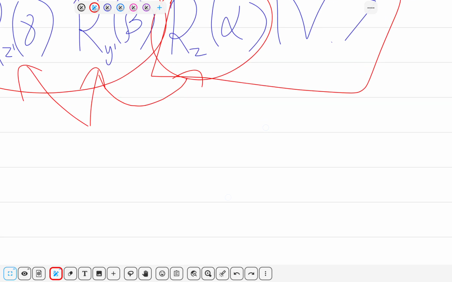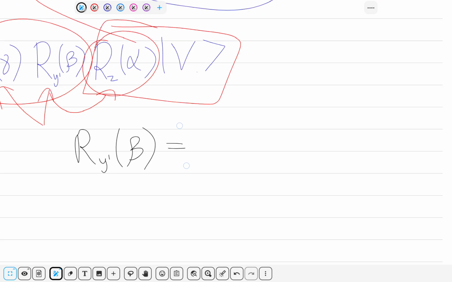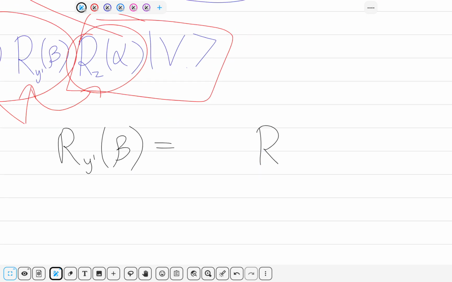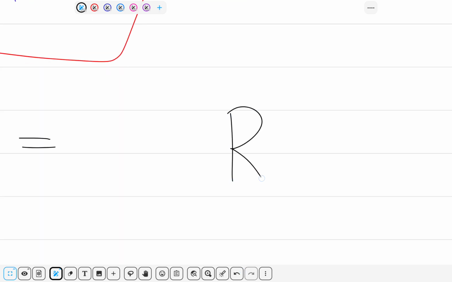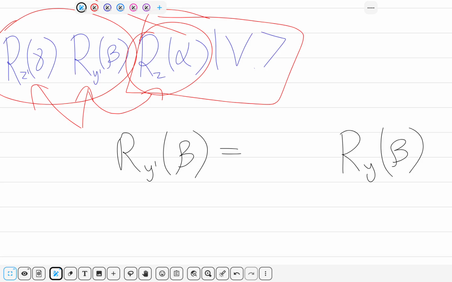We will go step by step. We know what a beta rotation about the y-axis looks like in R space, but we have to find out what it would be in the rotated space. So we just do a similarity transformation.